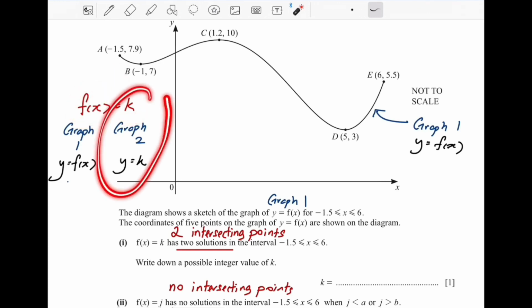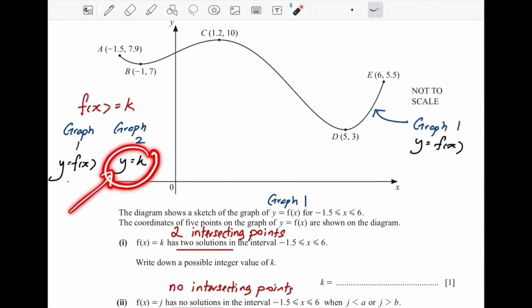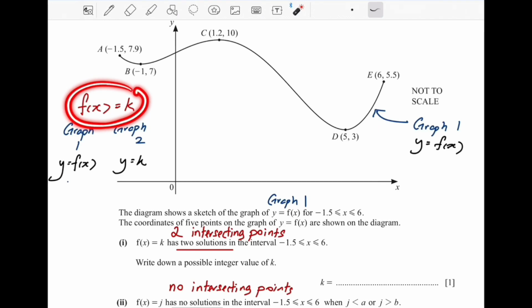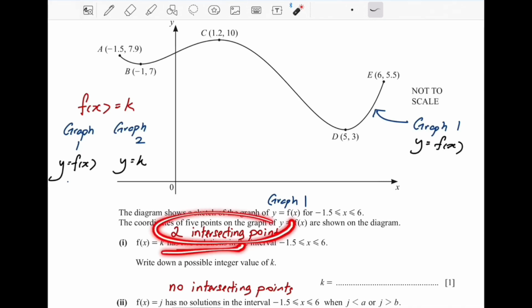And where is this graph 2? If you look at the equation of this graph 2, y equals k, y as the subject, k as a constant, a number. So this is a horizontal line, y equals k. Now we know that f(x) equals k has two solutions, meaning two intersecting points.